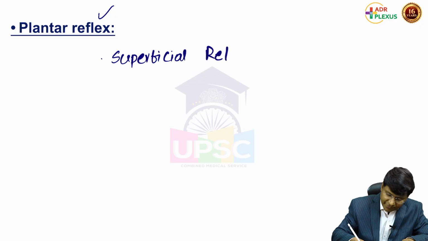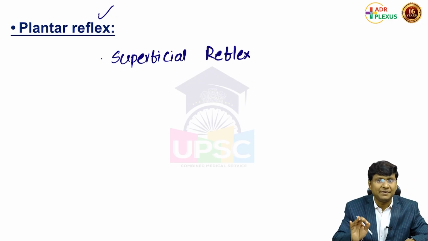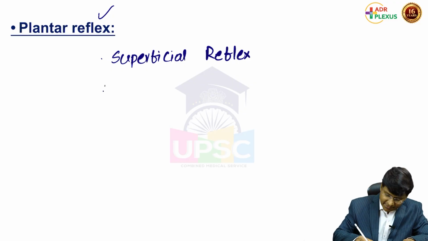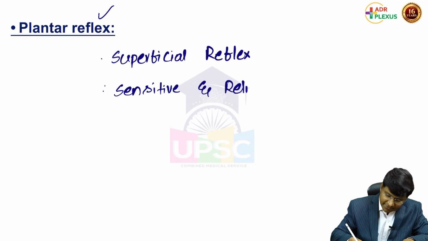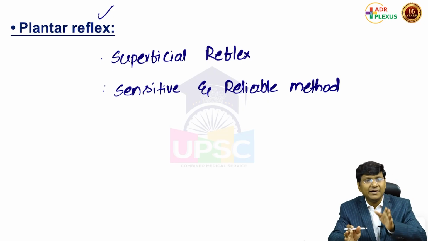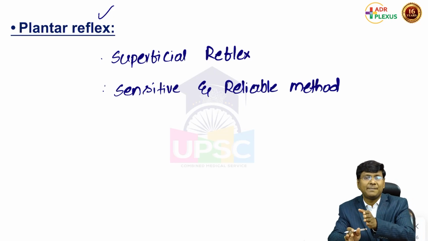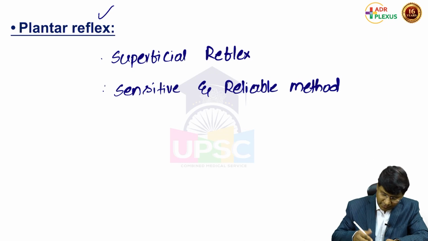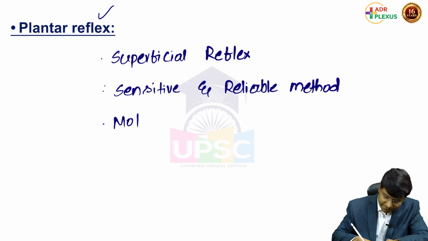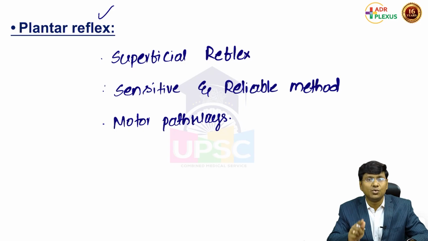It is a superficial polysynaptic reflex, and this is a sensitive and reliable method for evaluating the integrity of the motor pathways to the lower limb. So we will be able to make out the integrity of motor pathways to the lower limb.